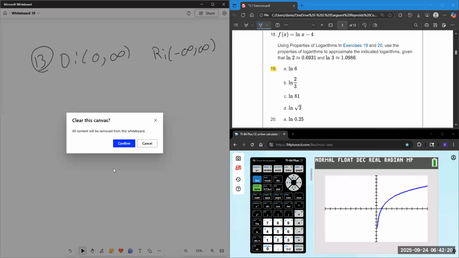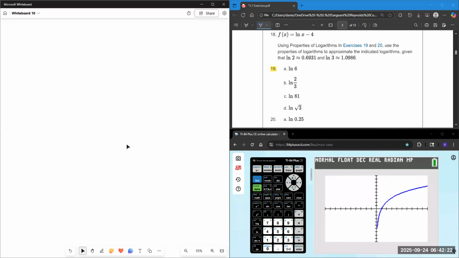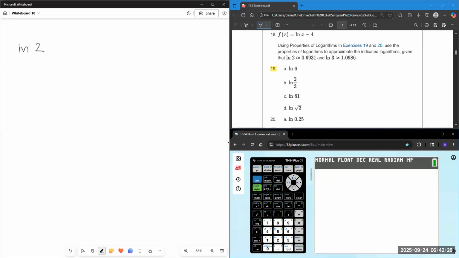All right, starting with number 19, they're going to give us some approximations for natural log of 2. I'm going to get back out to my home screen because I'll need this. ln of 2 is 0.6931. And ln of 3, they're going to tell me is approximately 1.0986.